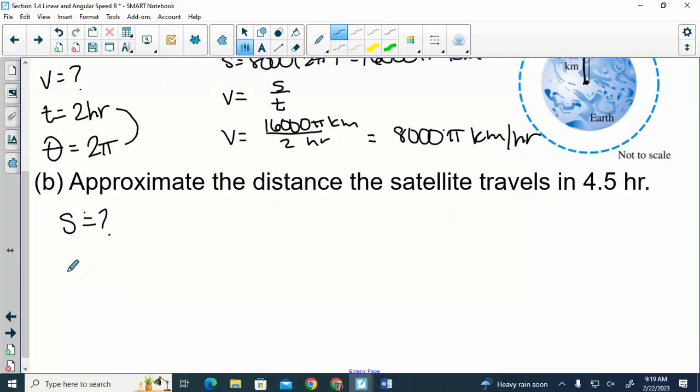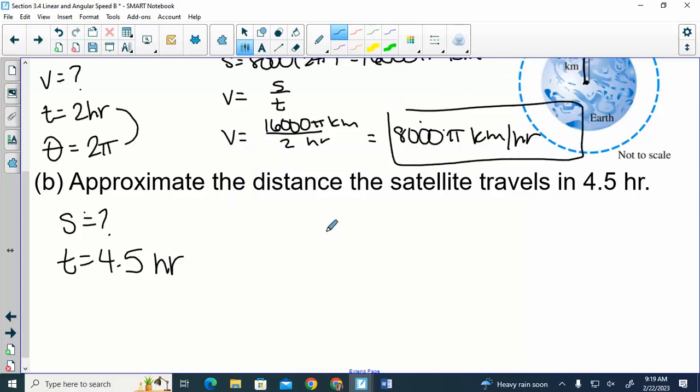We know now our time is 4.5 hours. Would my linear speed be the same as we found in part A? Yeah, we're not changing speed. So we could do V equals S over T. So V is 8,000 pi equals S over 4.5.